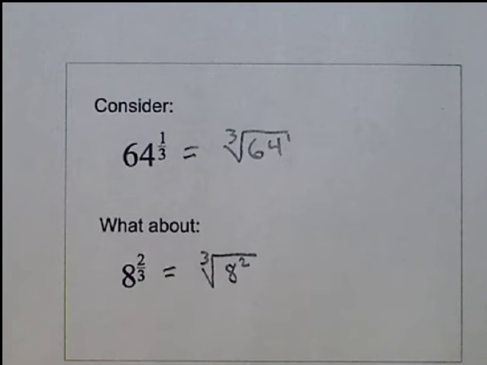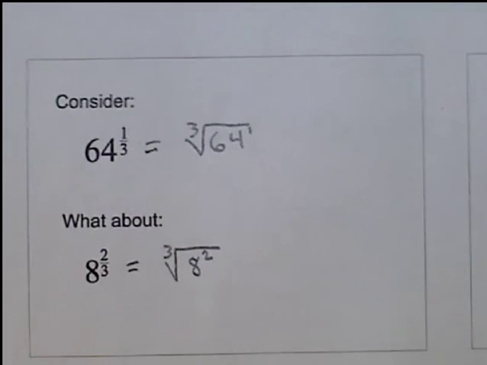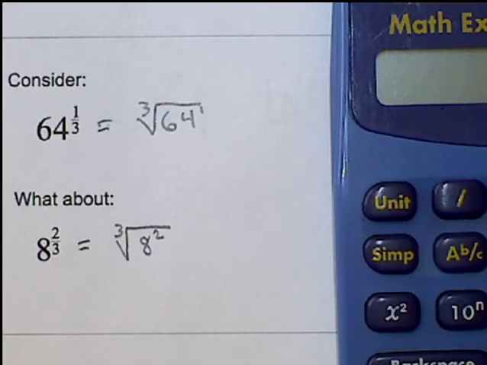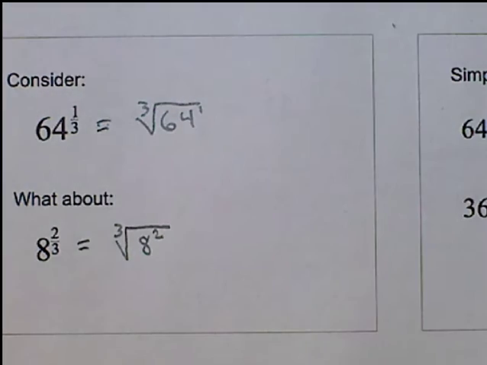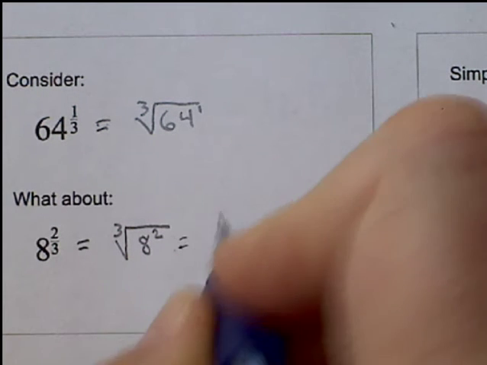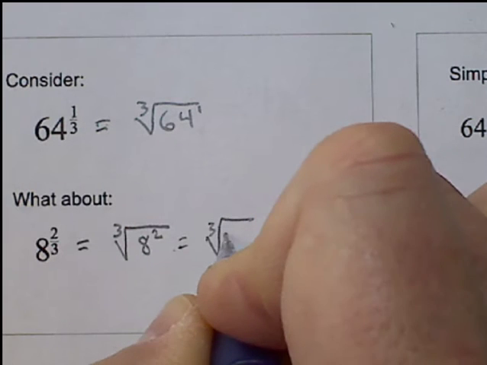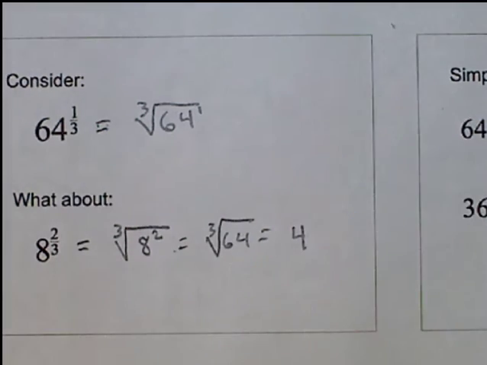Okay, so we want to find the cube root of 8 squared. So find 8 squared, which is 64, and then find the cube root of 64, which is 4. Okay, does that make sense?